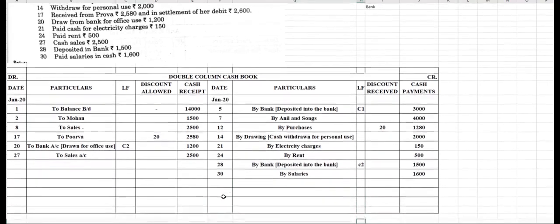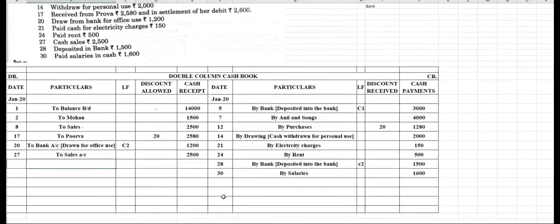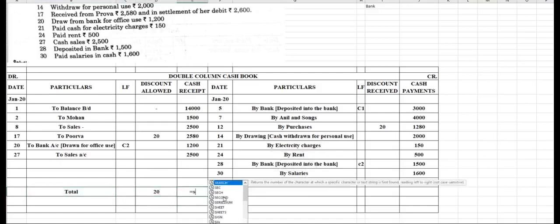So this much. Here, what is the total? The discount allowed total is 20 rupees. Here the sum of all these transactions is 24,280. Here also the discount column total is 20 rupees.